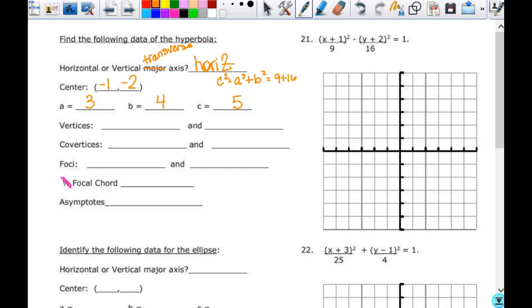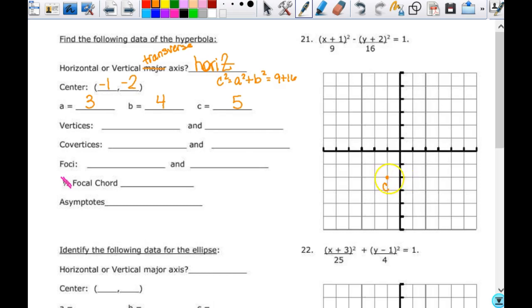So I'm going to go ahead and graph some things here. Center is at negative 1, negative 2. I've got the a, which goes along my transverse axis, which again is not necessarily the biggest number, but it does give me my vertices.